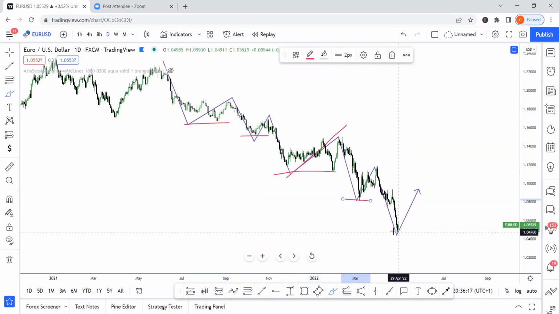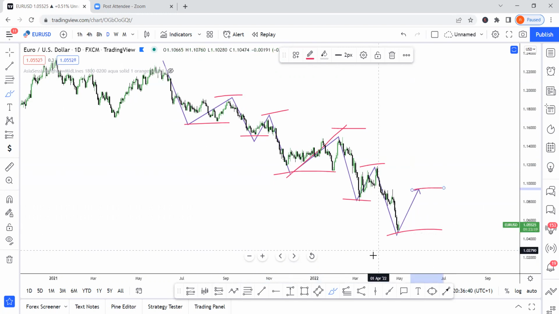What do I tell you happens at support? The market buys. And after the market finishes its pullback, what's going to happen next? Selling at resistance, resistance, resistance. Do you understand here?